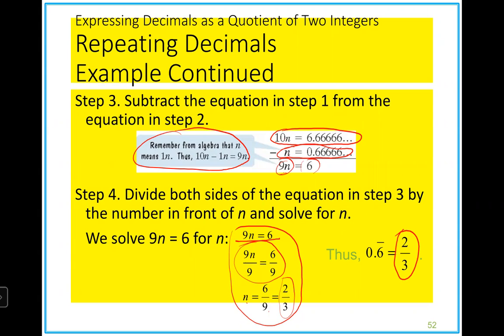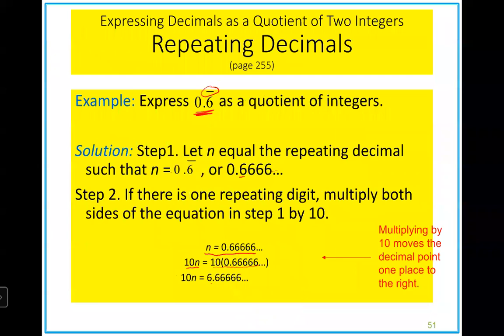Now, I did this for one repeating digit. The book goes on to look at 2 repeating digits and so on. But the only thing you're going to do if you have 2 repeating digits is multiply by 100.